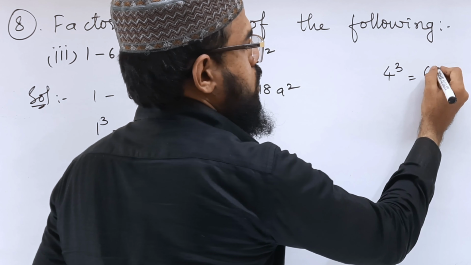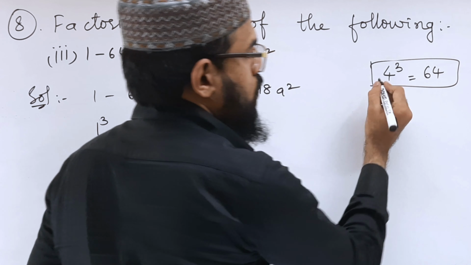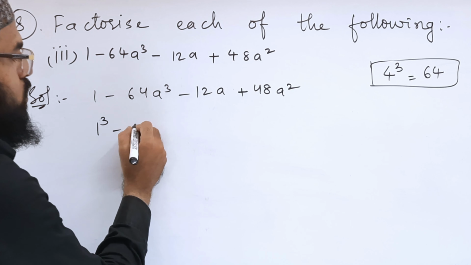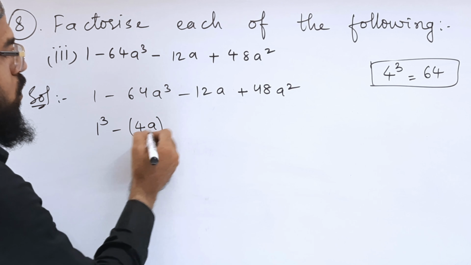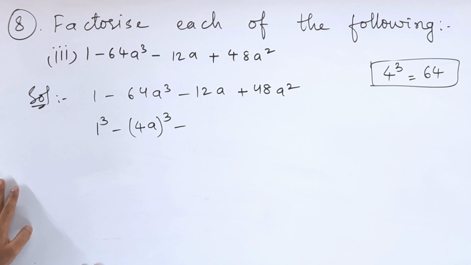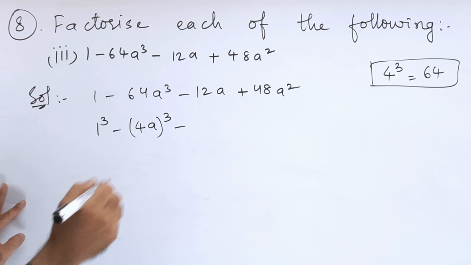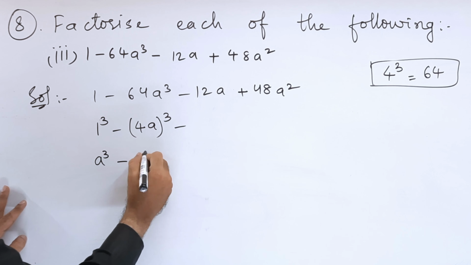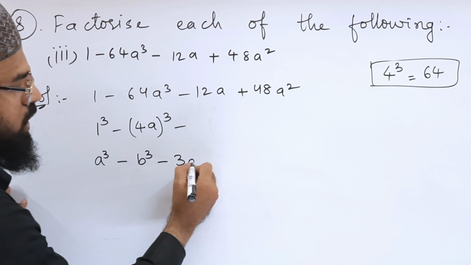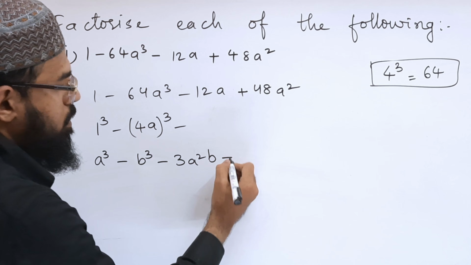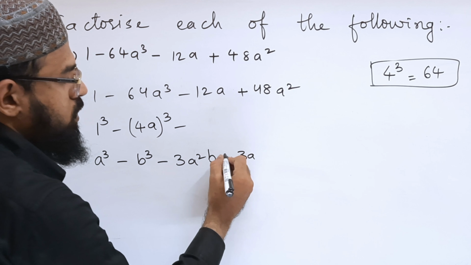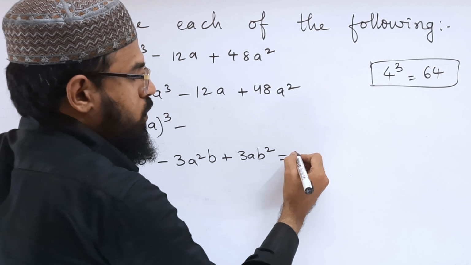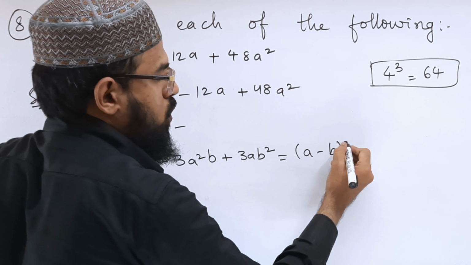So 4 cube is equal to 64. 4 4s are 16, 16 4s are 64. So 4a whole cube minus. Let us write the formula again. A cube minus b cube minus 3a square b plus 3a b square is equal to a minus b whole cube.